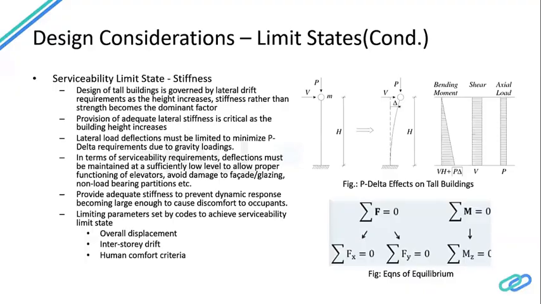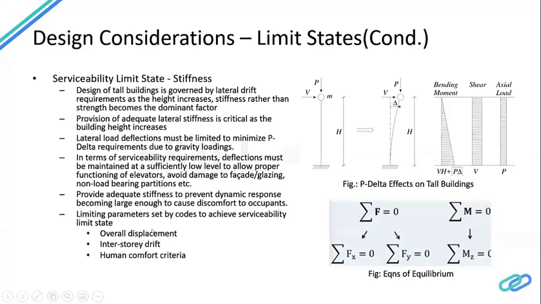He feels it in the form of giddiness or in the form of other discomfort. Now, you don't want a building to sway too much because you will not be able to rent that space if somebody is not comfortable living there. So that is also one of the main reasons why we have to restrict this deflection in a tall building design.